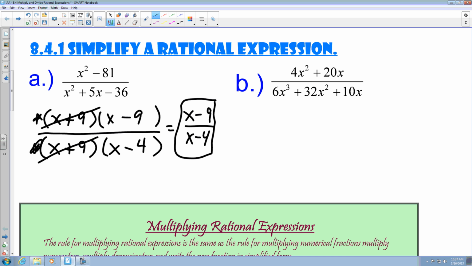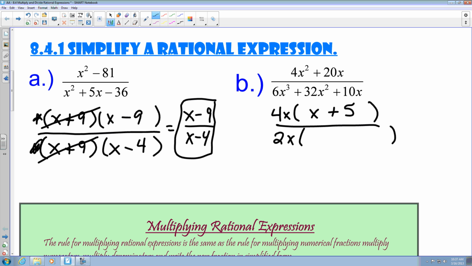So if I look at B, when I look at factoring, I can factor out a 4x in the numerator, and then in the parentheses it'll be x plus 5. Divided by, I can factor out a 2 here, and I can also factor out an x.